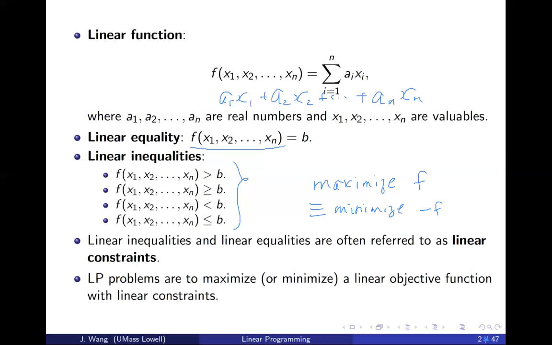So then, in general, we would just have a standard form of maximization subject to a set of linear constraints.